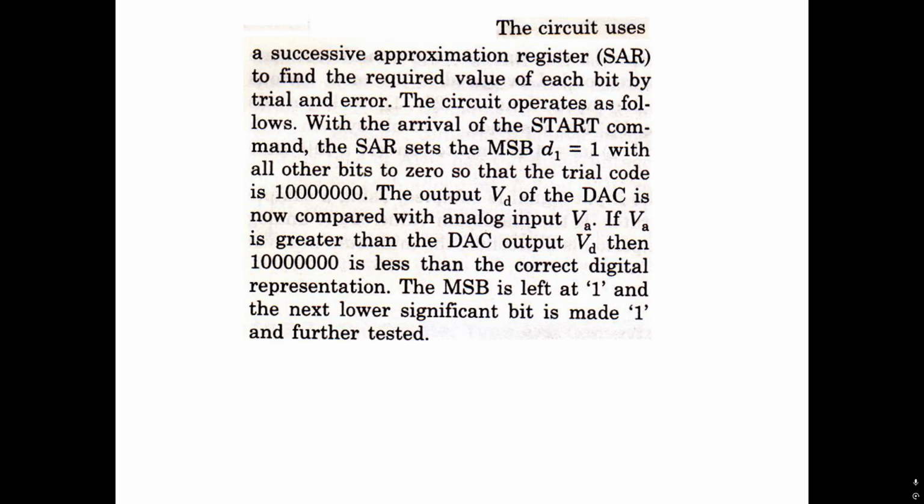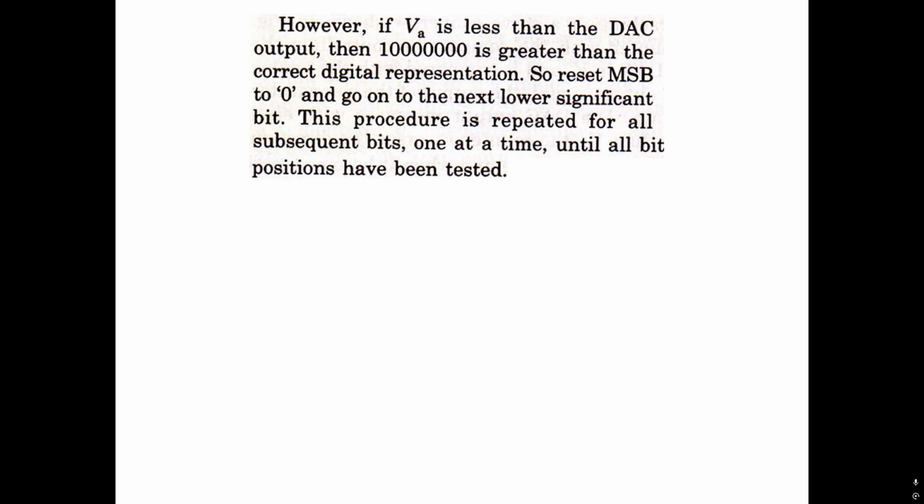If VA is greater than the DAC output VD, then 1 0 0 0 0 0 0 0 is less than the correct digital representation. The MSB is left at 1 and the next lower significant bit is made 1 and further tested.